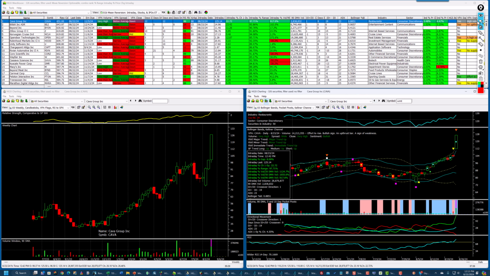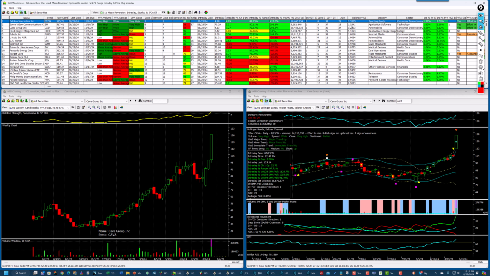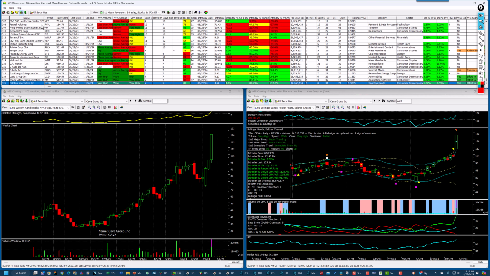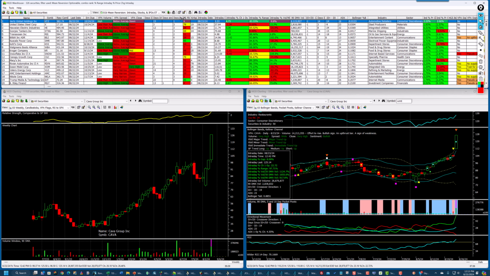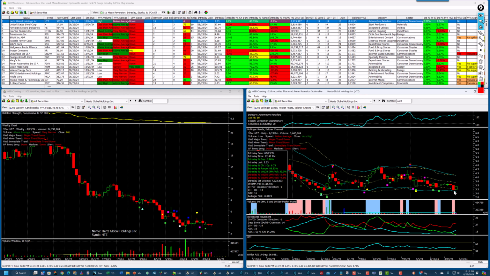I'm just going to do a sort on the Bollinger. You can see these are overbought: Peloton, Zoom, Lucid. If I resort and look for stocks that are in the lower part of the band or outside of the band, this is Hertz Global Holding, and this was the calculation as of last night, but there's a little buying coming into it.